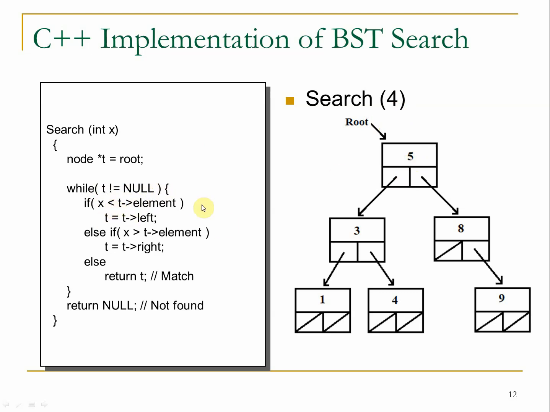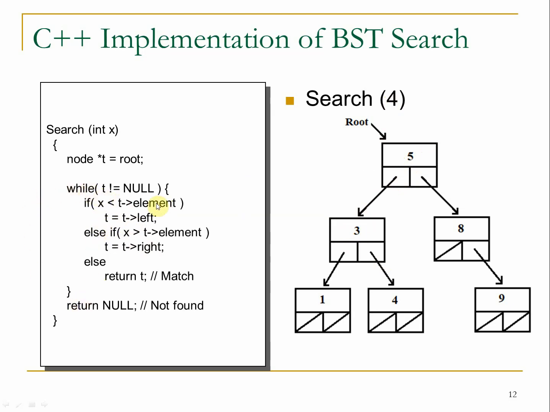Understanding that it is a true statement because 4 is less than 5, indicating the element we want to find is less than the root, so we need to travel to the left side. So take a look, how do we travel to the left side? We simply say t equals t to the left. So we will be able to go to this node, node 3. And that is the loop that we can come back.